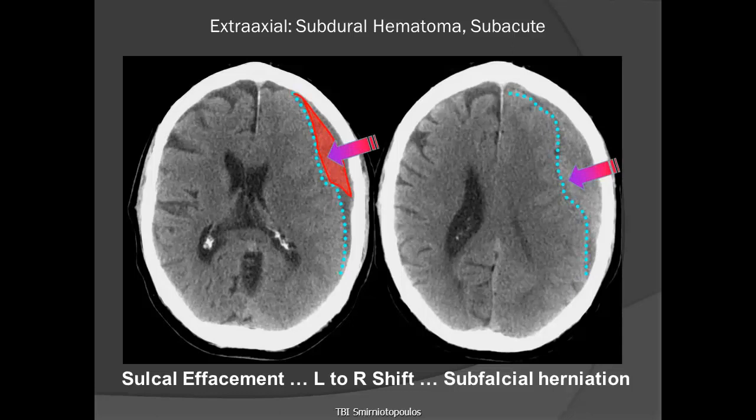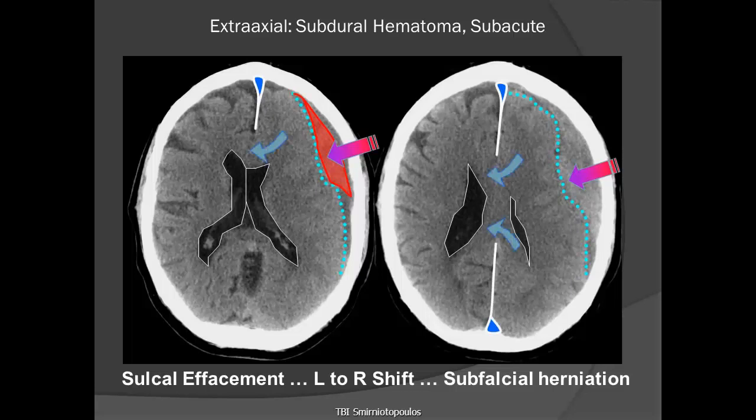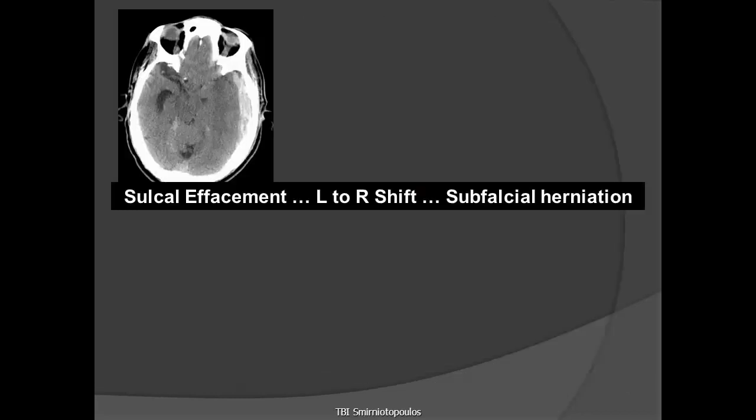The hematoma is pressing on the brain, but because of the pre-existing enlargement of the subarachnoid space, there is relatively little displacement and shift of the ventricles. When we have subfalcial herniation, the anterior portion of the lateral ventricle and the posterior portion of the lateral ventricle must move medially to pass through the central opening in the falx cerebri.